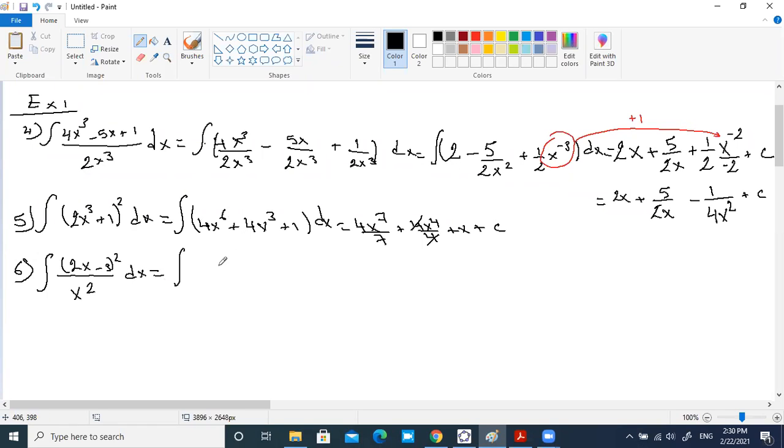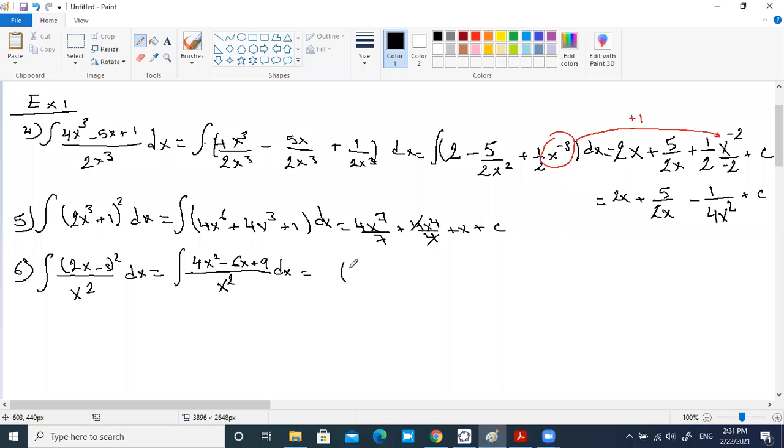First, (2x) squared is 4x squared, minus 6x plus 9, over x to the power 2. I moved x to the power 2 up and wrote x to the power negative 2, then multiplied. It's correct, but be careful.